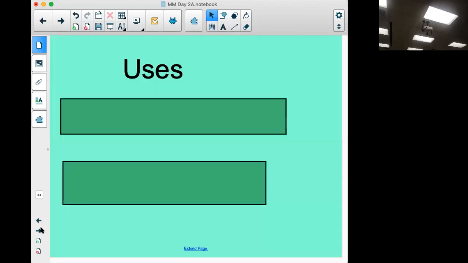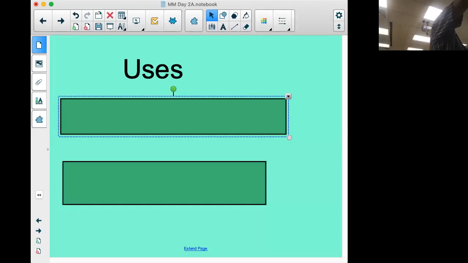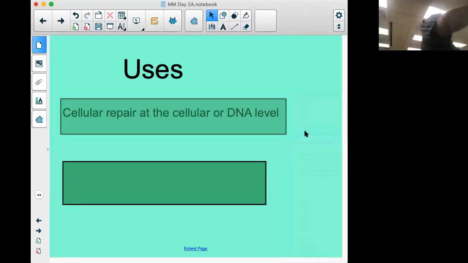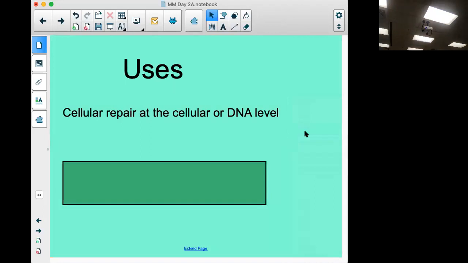Now, when it comes to nanotechnology and nanomaterials, there are 2 main uses. The first one is cellular repair, at the cellular or DNA level. So using structures to repair basically at the DNA level, atom upon atom, a kind of structural repair.